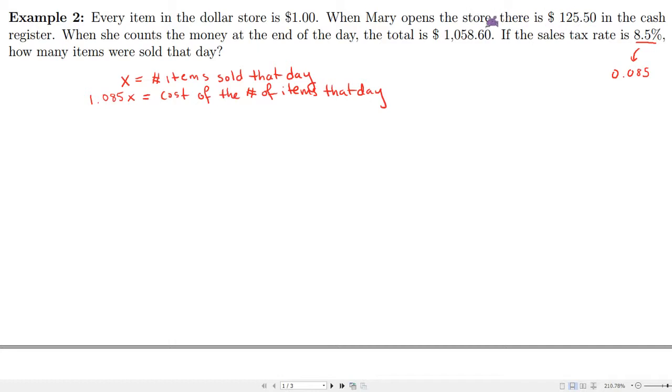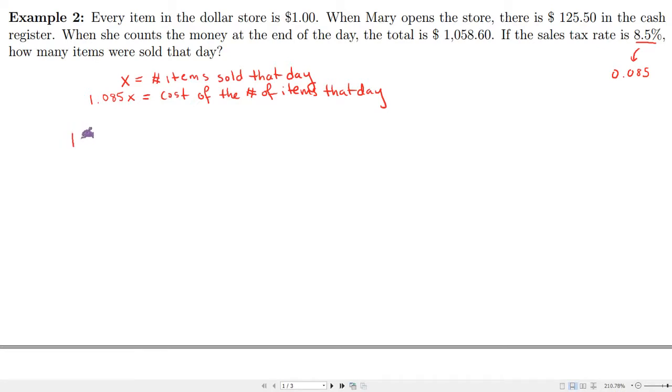Okay, so here are the beginning and ending amounts for the day. In order to figure out how much was made during that day, we'll just subtract these two. So let's set up our equation.